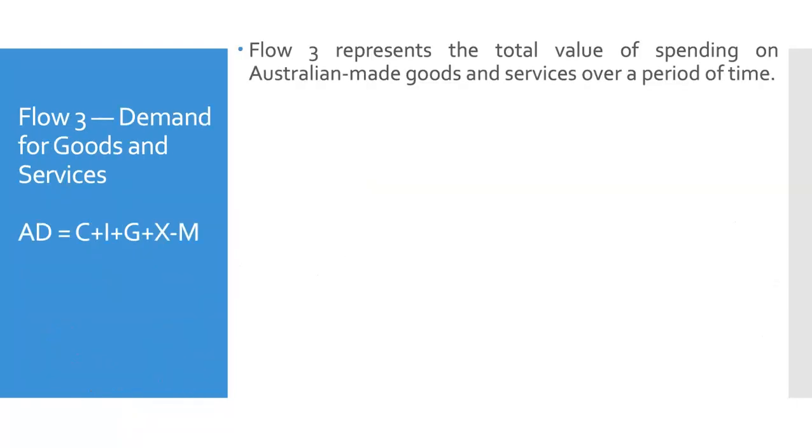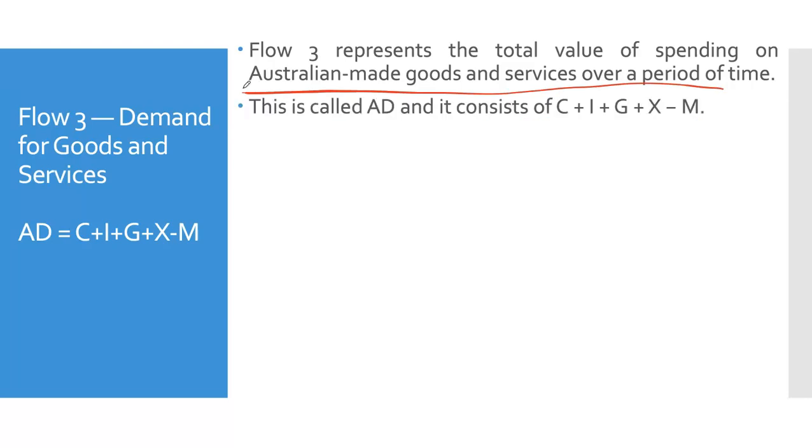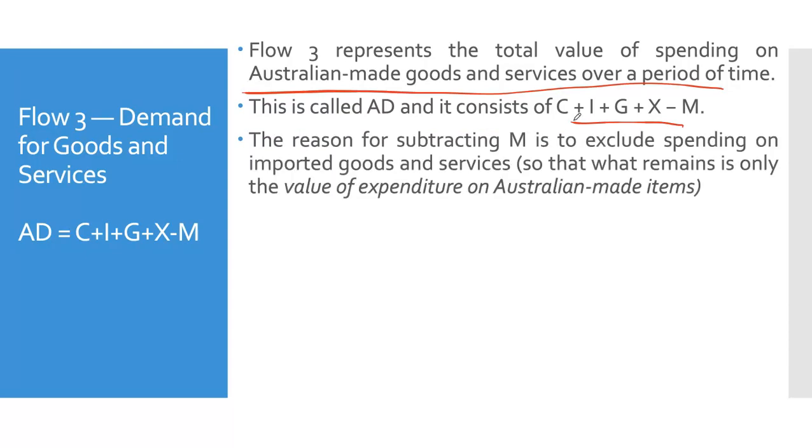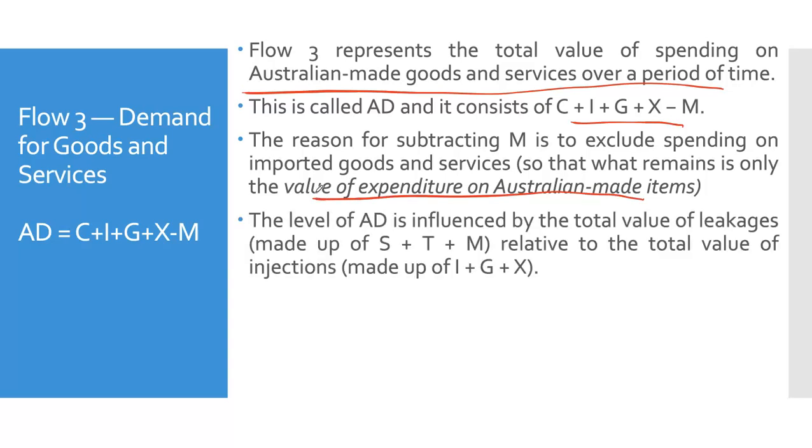So flow 3 represents the total value of spending on Australian-made goods or services over a period of time. As we said, it is aggregate demand and consists of these inputs. The reason why we subtract M is that aggregate demand is to exclude spending on imported goods or services. So what only remains is the value of expenditure on Australian-made items.